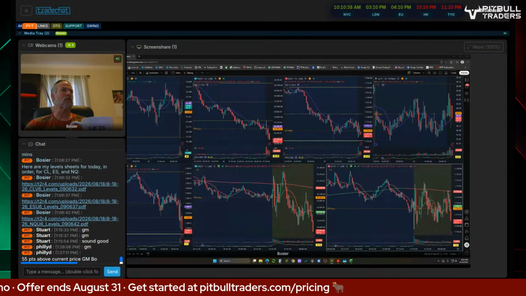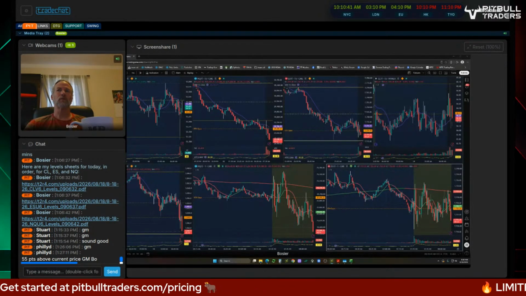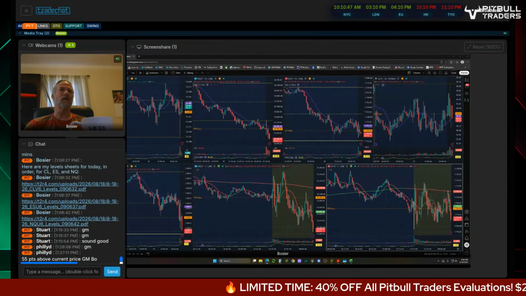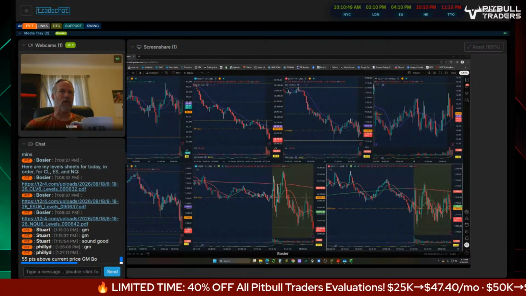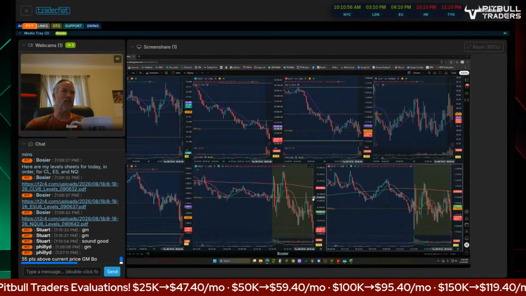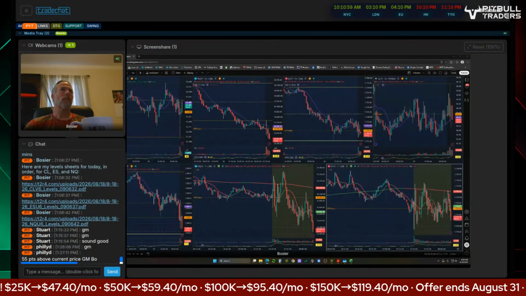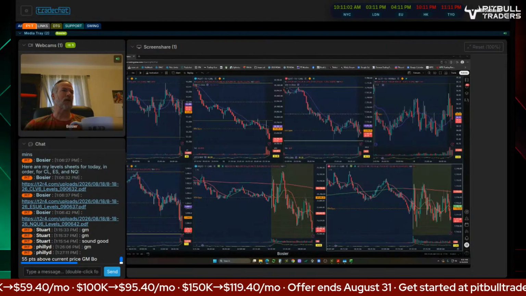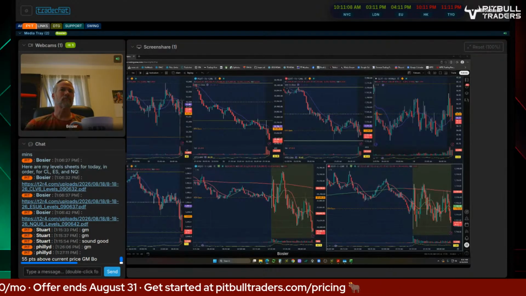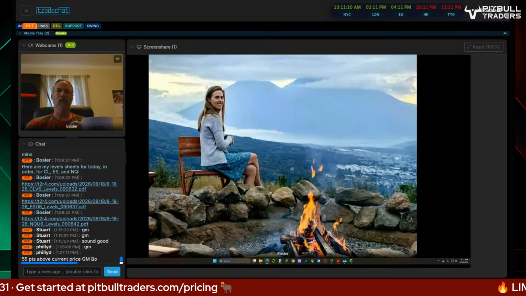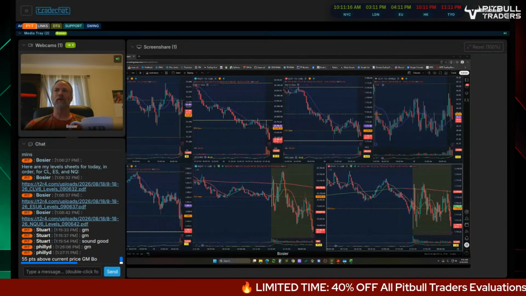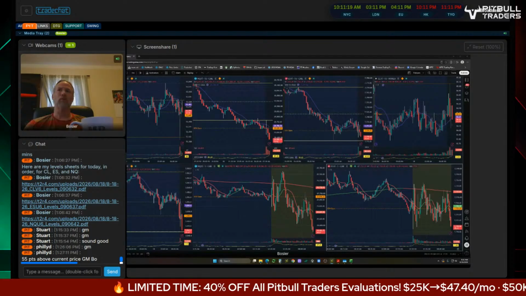So let's see if NQ can get down to and through its 50-day moving average. Remember what I said it was, it comes in at 594 and a half. So that's a perfect test of the 50-day, but let's see if it holds. My guess is they could really buy it hard, but it can go either way. Looks like I got my 20, so I've got a runner here. My stop is break even at 25.75.